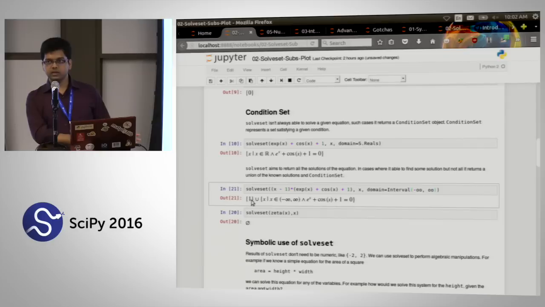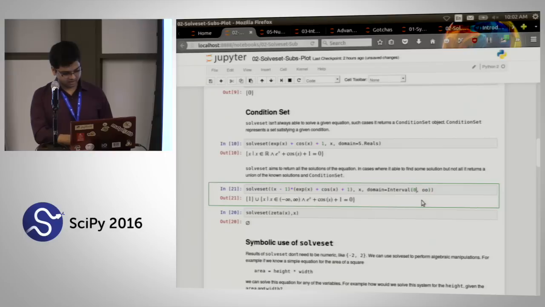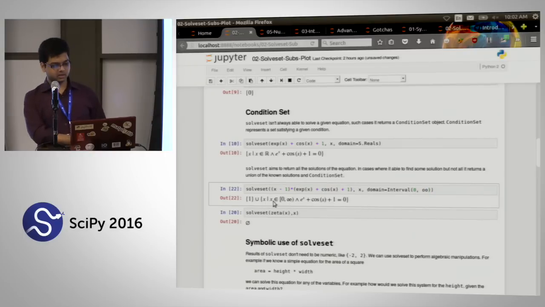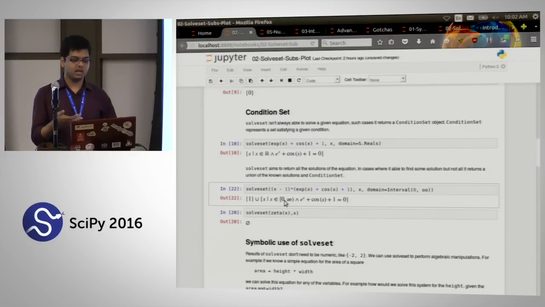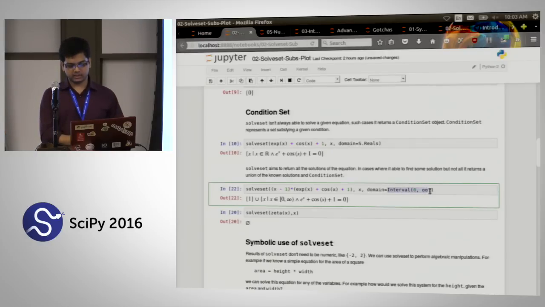So it gives 1, and it makes sure x is in the positive integers, positives, and the equation. So you can also put integers and all.